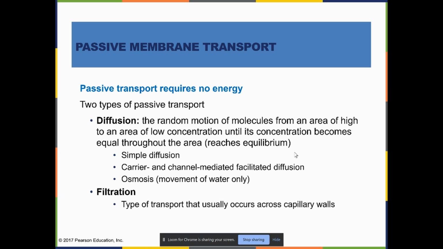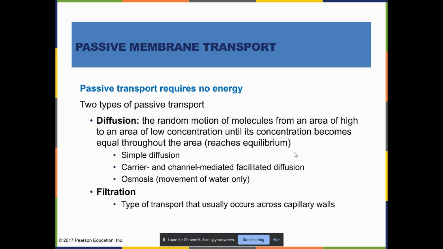Carrier and channel mediated facilitated diffusion is when diffusion still occurs, but a molecule might be charged or large or an ion, something that needs help getting through the very lipid or fat-like phospholipid bilayer. So carrier and channel mediated facilitated diffusion is when a molecule needs help or facilitation to get through the membrane.